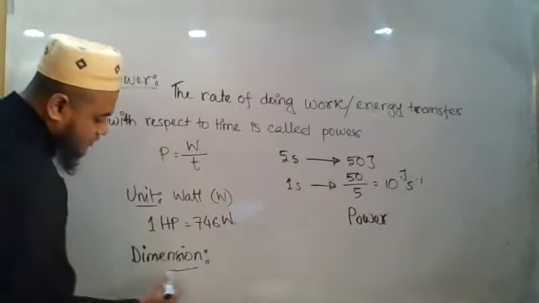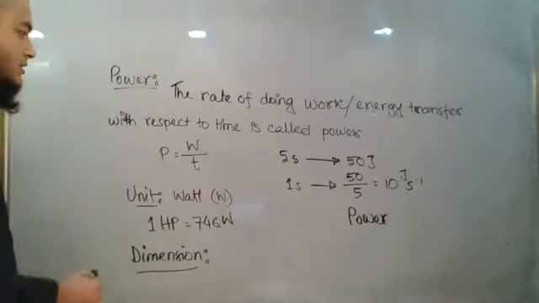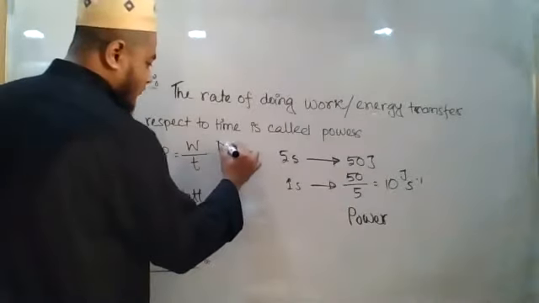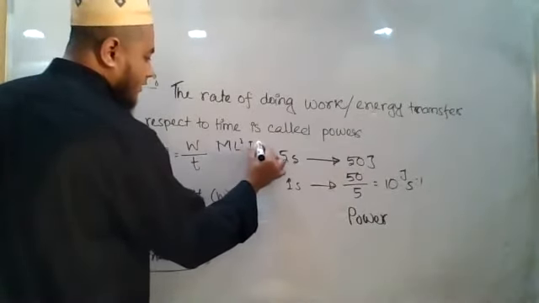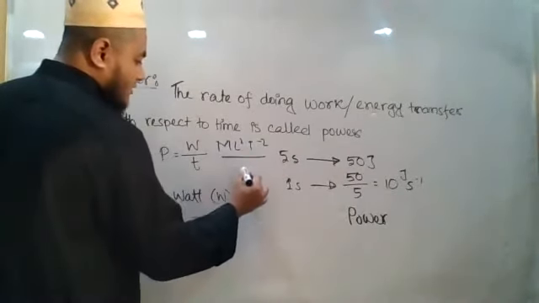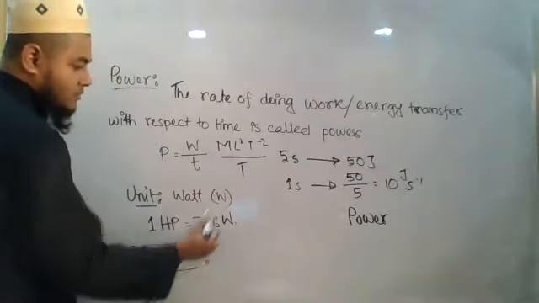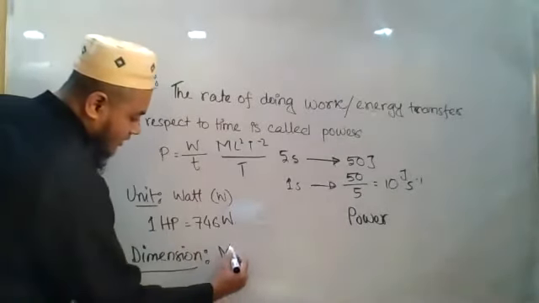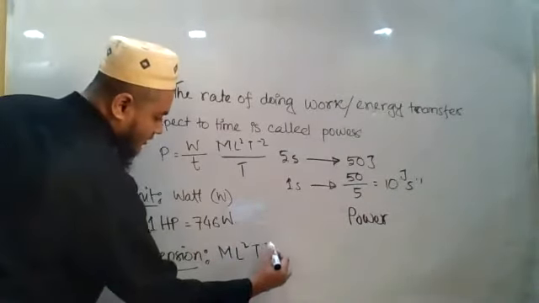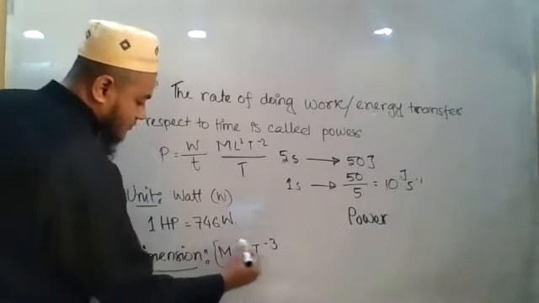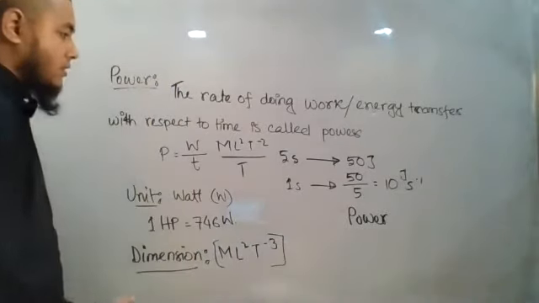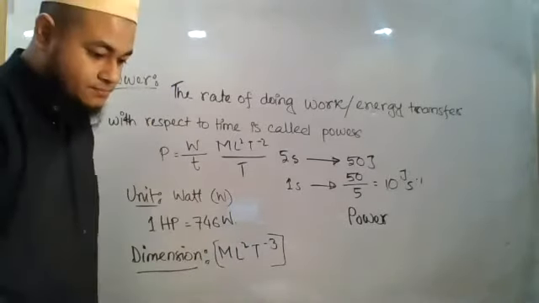If you know the dimension of work, then it is easy. The dimension of work is M L square T inverse 2. Now, as I'm dividing by another time, what should it be? M L square T inverse 3. This is the dimension of power.